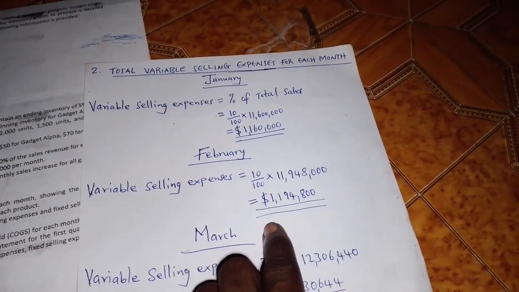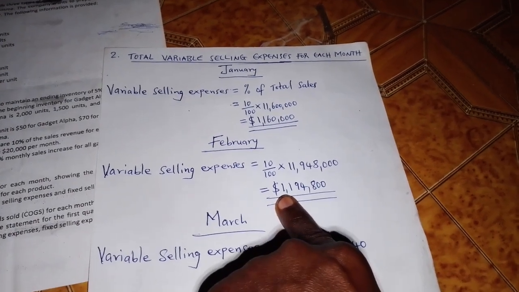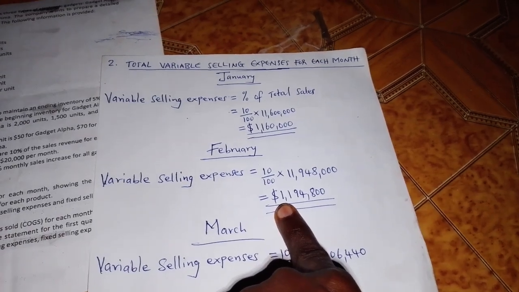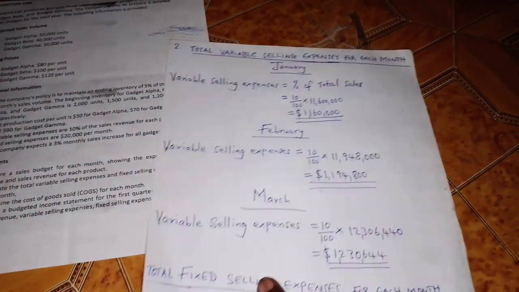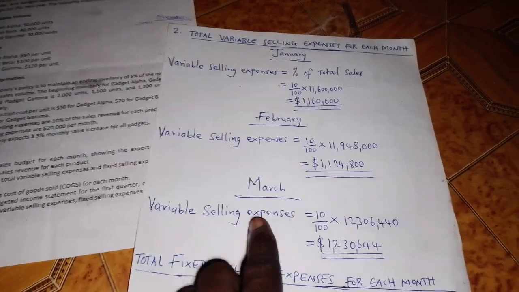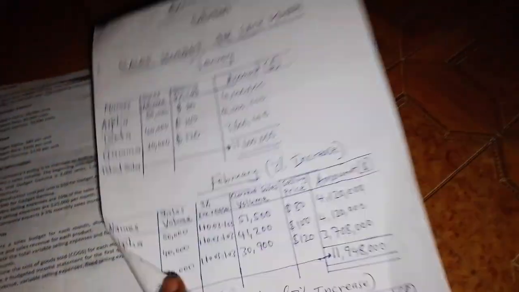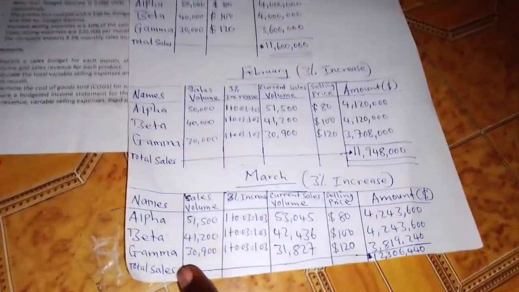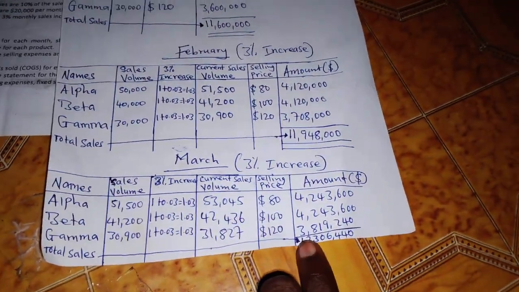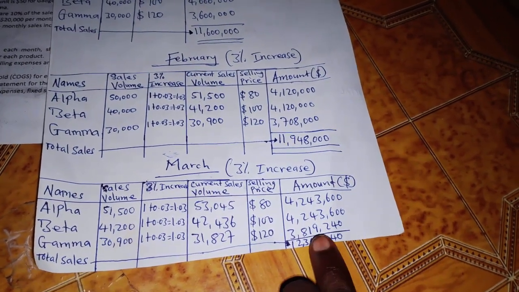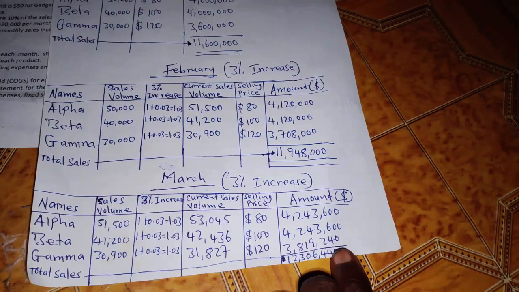So when we multiply this, it gives us this amount as our variable selling expenses for February. The same thing applies for March again. The 10% multiplied by the total sales for March, 12,306,440.